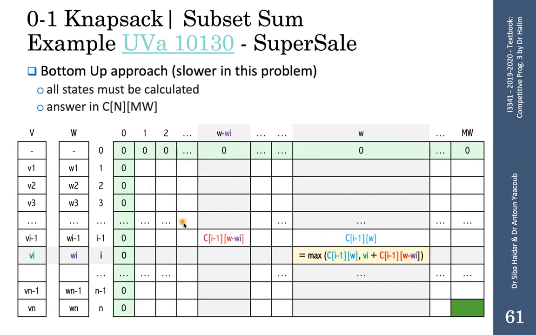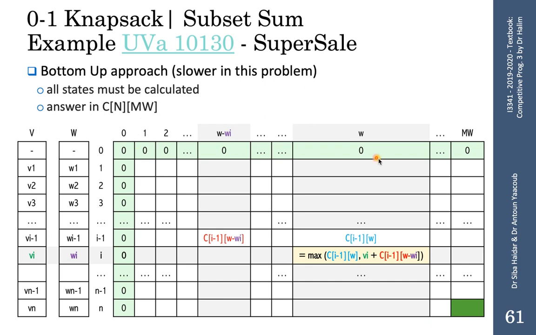As for the bottom-up approach, how do we proceed? In the bottom-up approach, we will initialize only the base cases. So we will initialize for the dummy item 0 because we will store the items from 1 to n this time and not from 0 to n minus 1. And the base case is the dummy item 0, with the remaining weight 0 also.